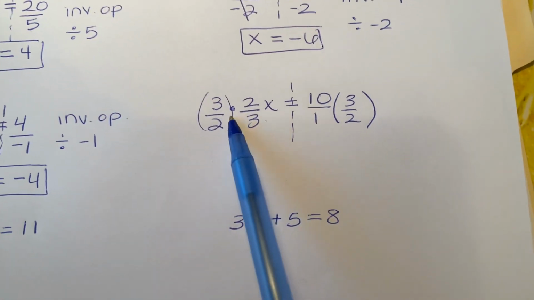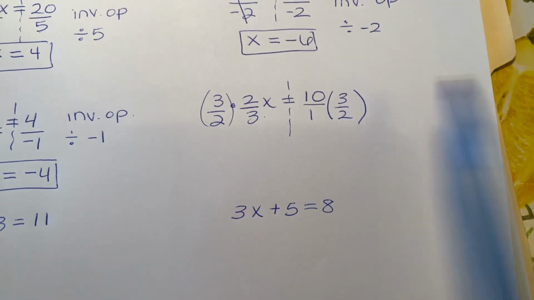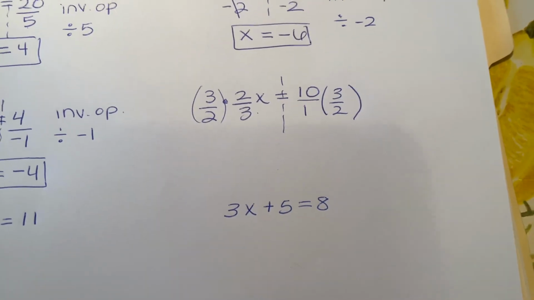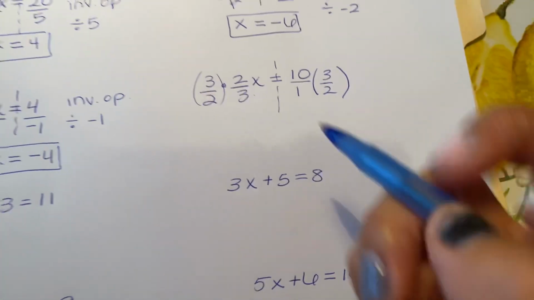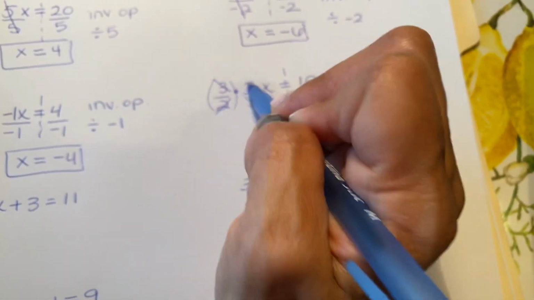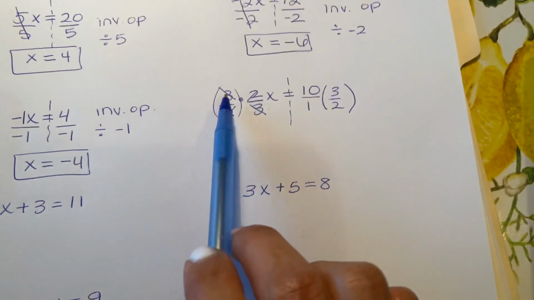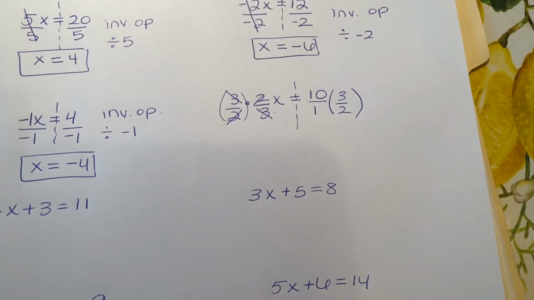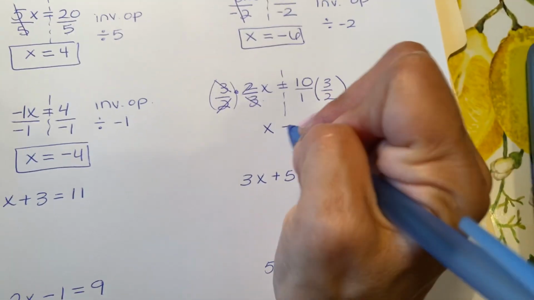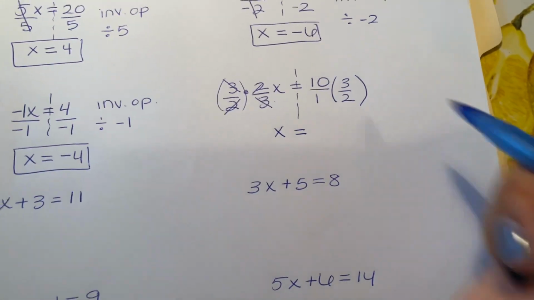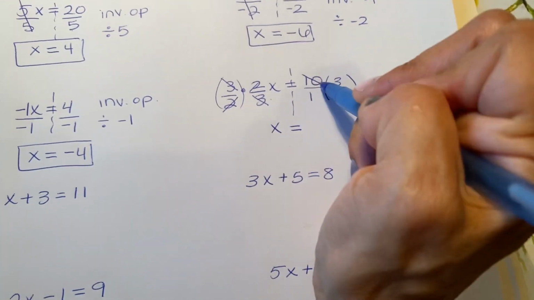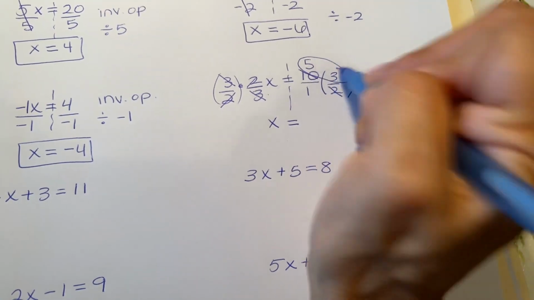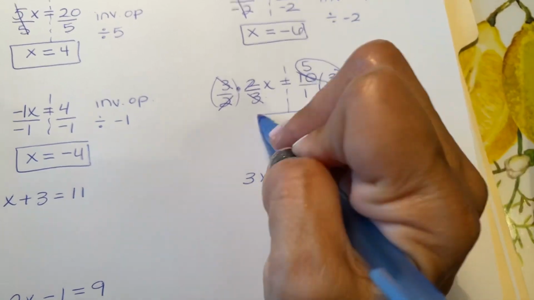So remember, what you perform on the left, you have to perform on the right in order for you to keep this equal sign equivalent, okay? All right, so 3 divided by 3 is 1, 2 divided by 2 is 1, or you can multiply 3 times 2 is 6, 2 times 3 is 6, so what's 6 divided by 6? 1, right, positive 1, so x is equal to, and now here 2 divides into 10 5 times, and what's 5 times 3? 15.